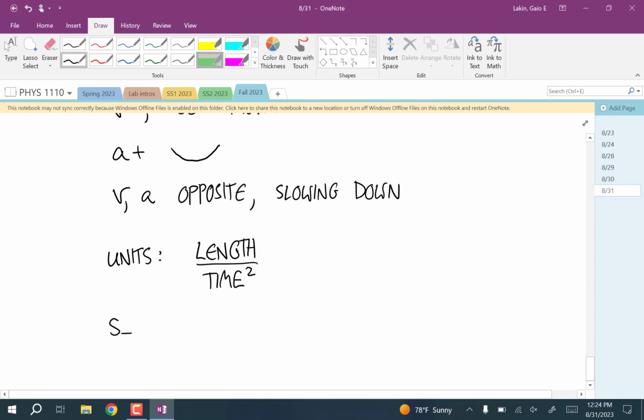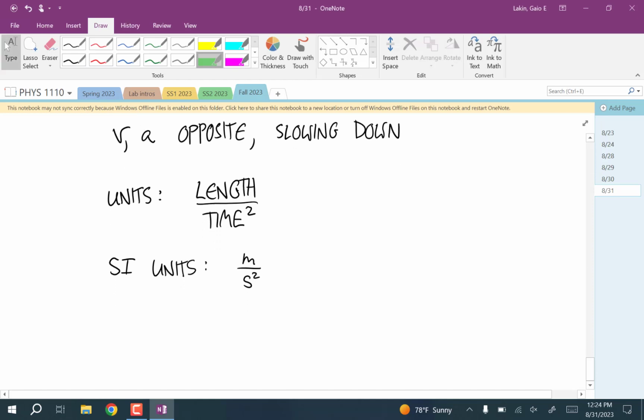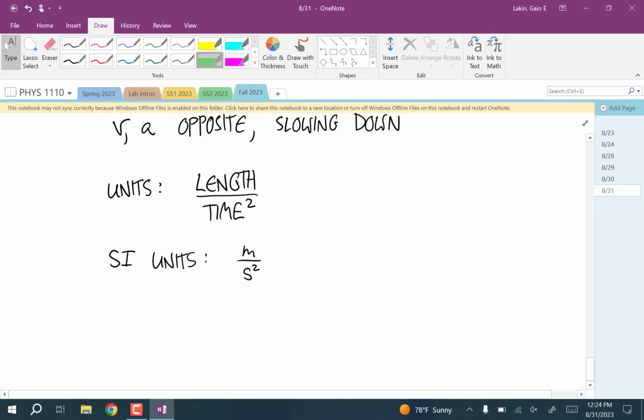If you're in SI units, that means meters per second squared. Okay, so that's velocity and acceleration. And now we're ready to get to some equations that relate velocity, acceleration, position, and time.